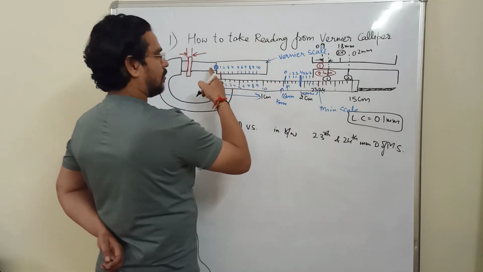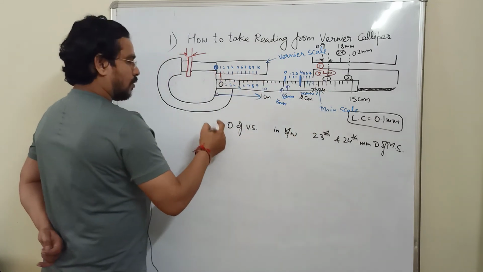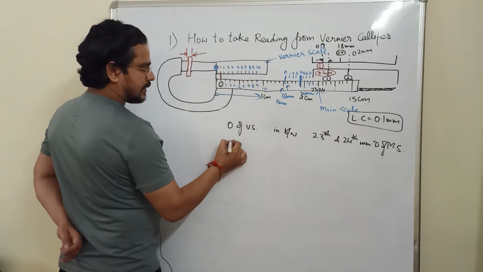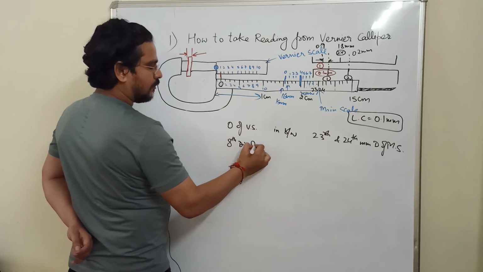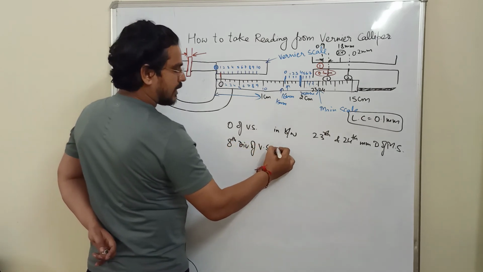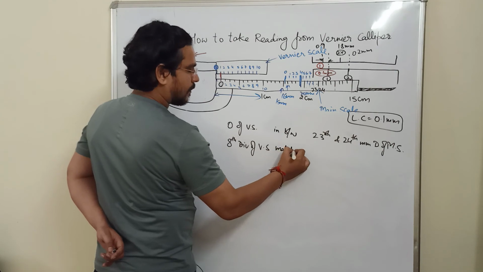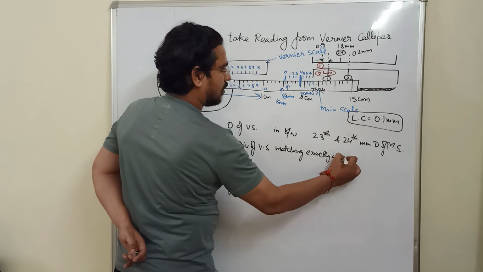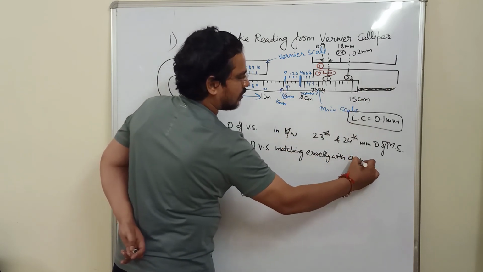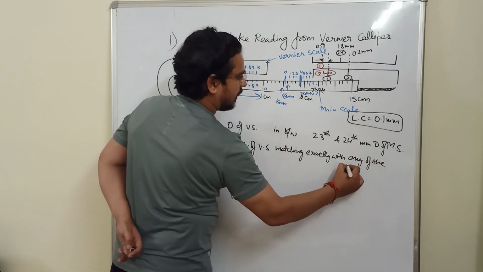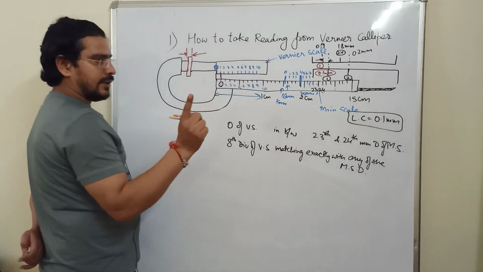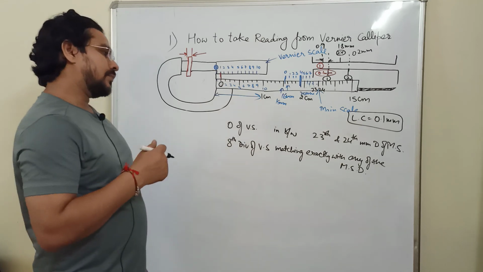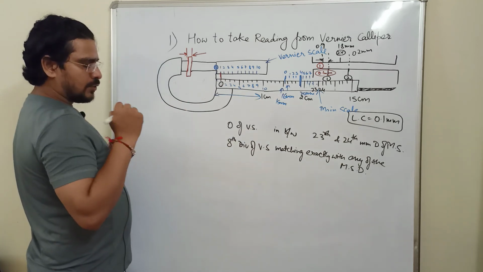And out of these lines, the 8th division of vernier scale is matching exactly with one of the main scale divisions. Only one will match, I told you. So what is going to be the reading? Do it in your mind quickly. Take a pause here and write your answer.